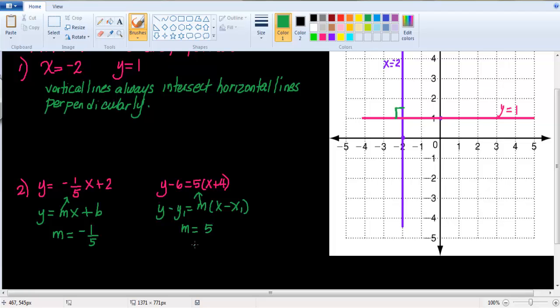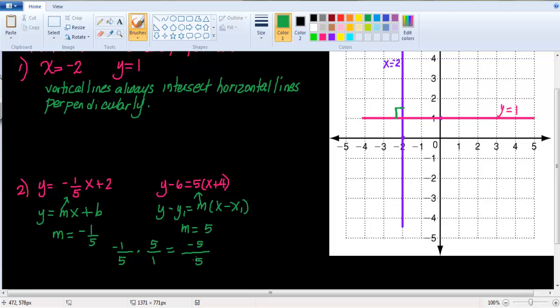So how do I know if these two lines are perpendicular without having to graph them? Well, you take the slopes and you multiply them together. Like we said in our previous video. 5, remember 5 is over 1. This is this slope and this is the other slope, and we multiply numerator times numerator, denominator times denominator.